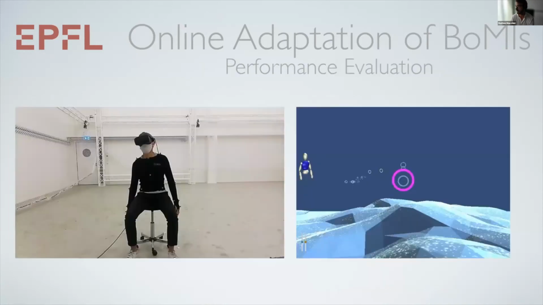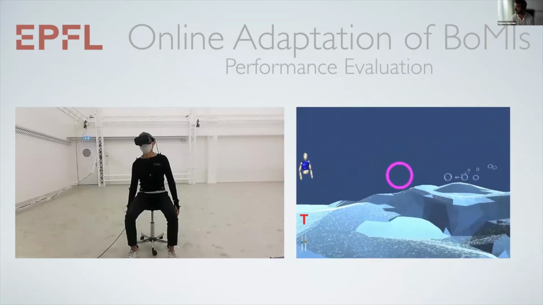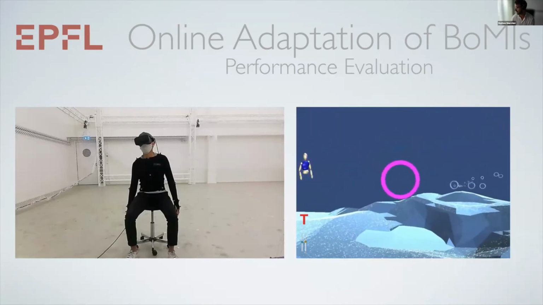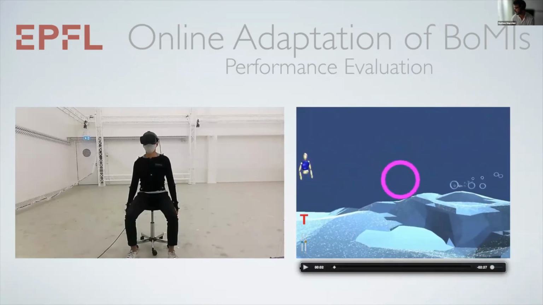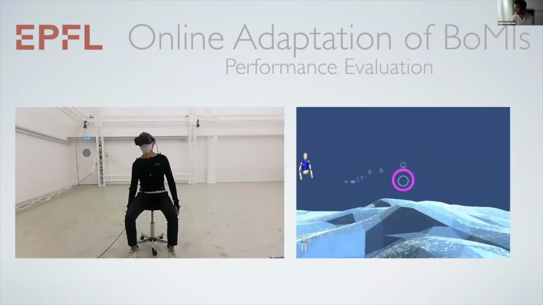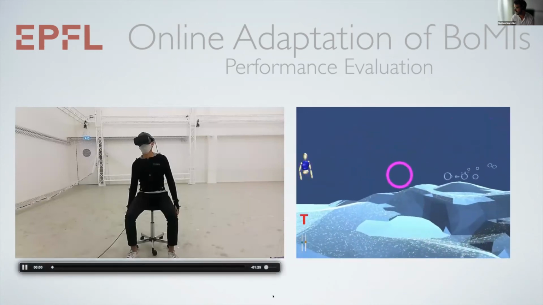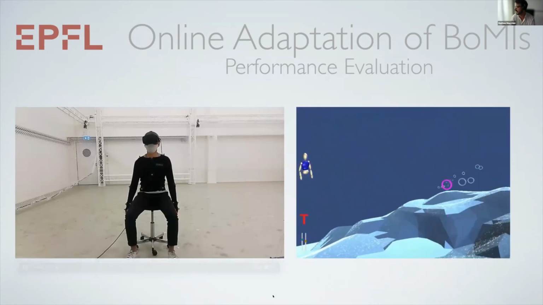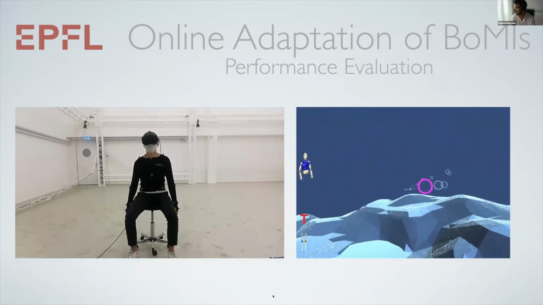First, here you have a person controlling the drone using their torso motion. I think the video is stuck. I'm sorry. So here we first ask them to move the torso to control the flight of the drone.